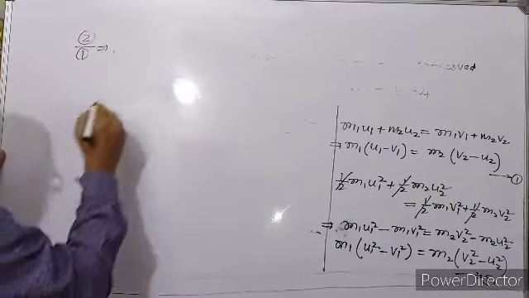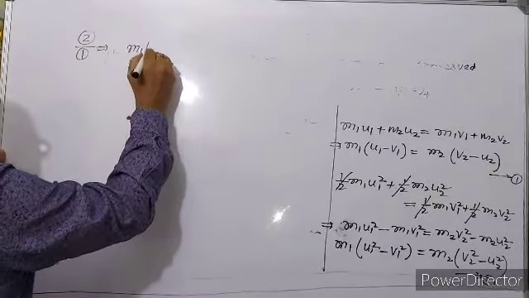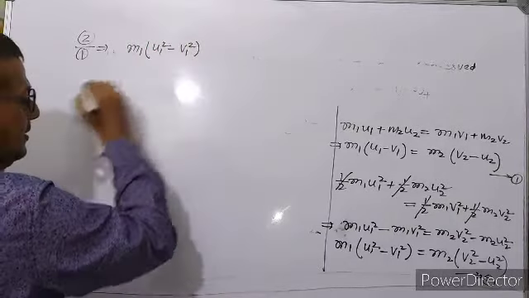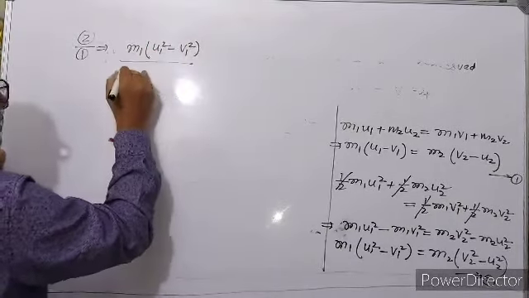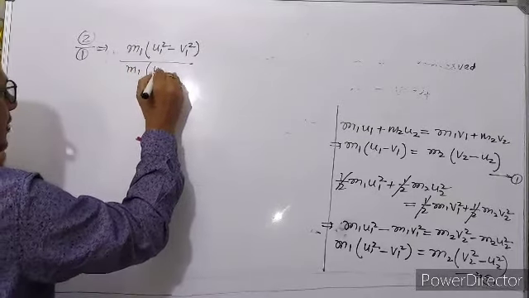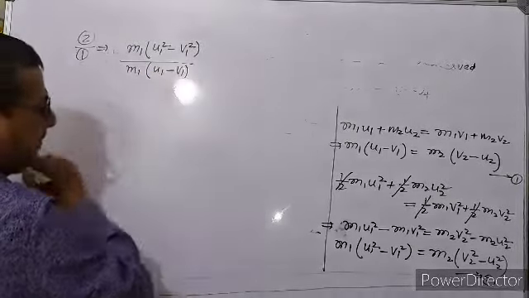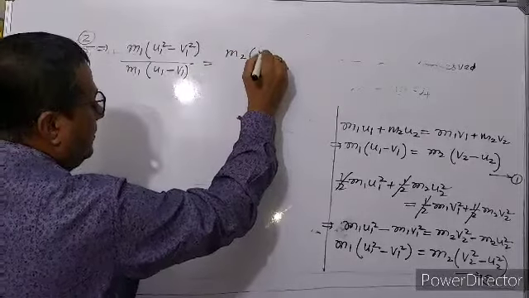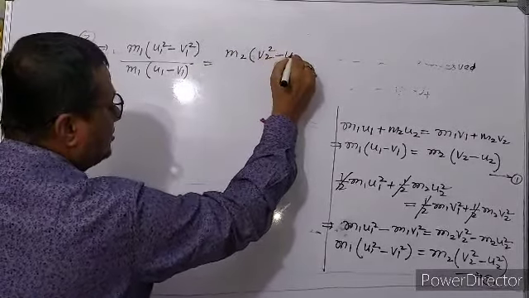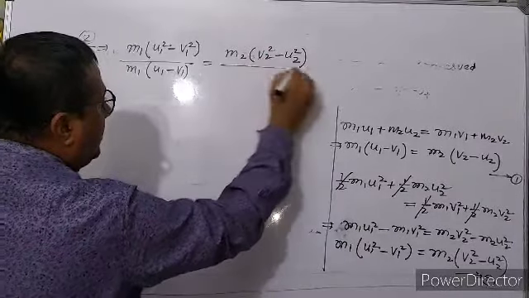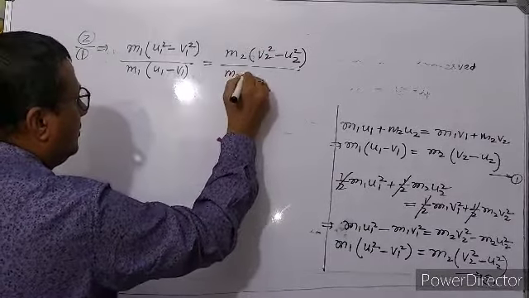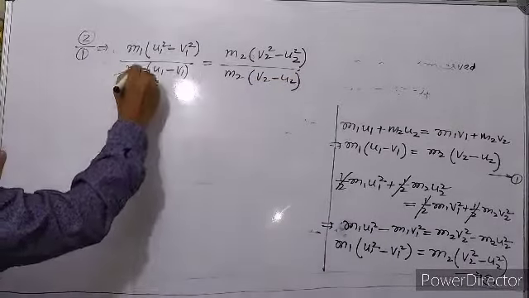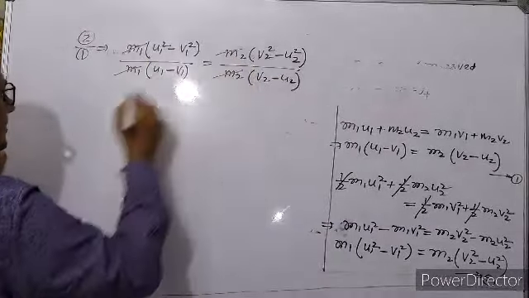We get m1 times u1 square minus v1 square divided by m1 times u1 minus v1 equals m2 times v2 square minus u2 square divided by m2 times v2 minus u2. m1 will be cancelled, m2 will be cancelled.